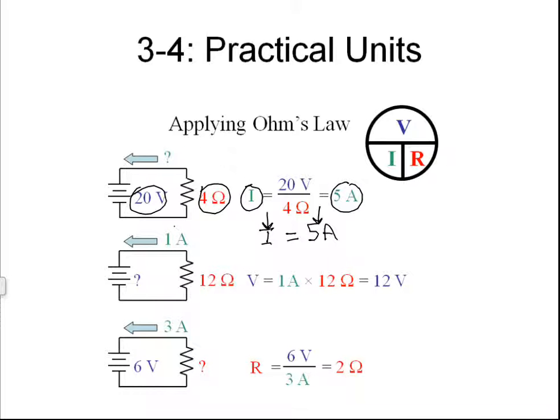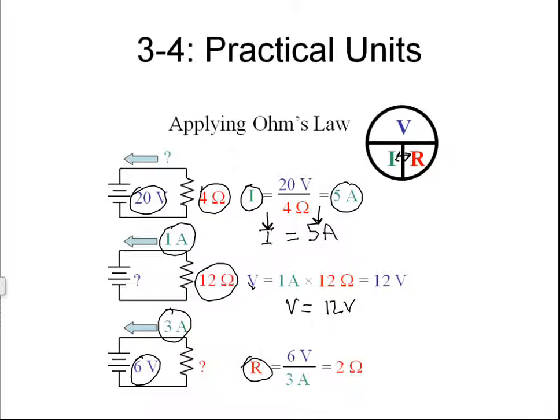Okay, in this case, my two knowns are current and resistance. So I know current and resistance, will apply the voltage form. Voltage equals 1 amp times 12 ohms, or voltage equals 12 volts. Finally, we have a known current, we have a known voltage.